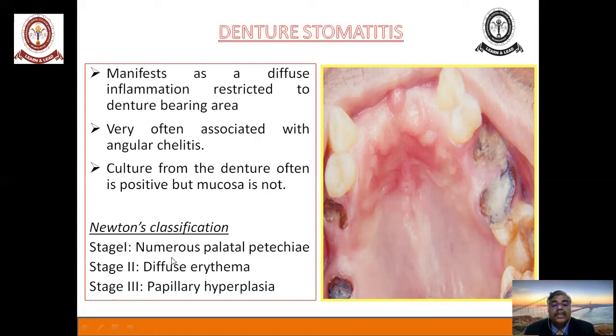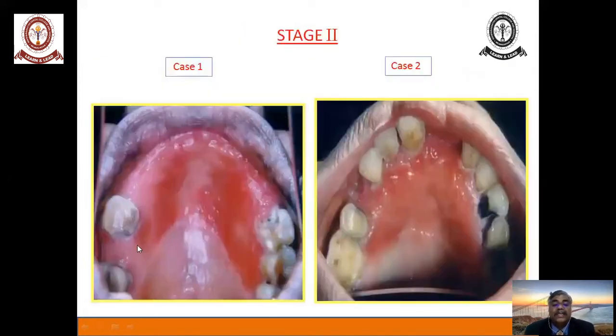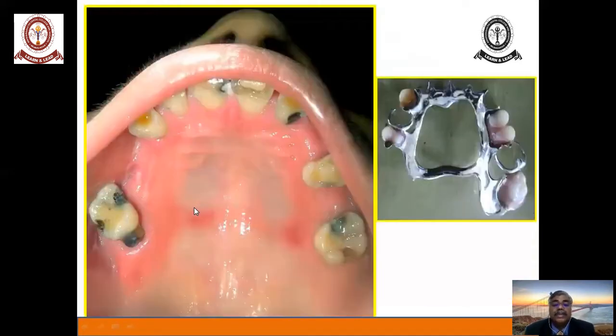If there are numerous palatal petechiae under the denture bearing area, it is stage 1. If there is a diffuse area of erythema, either covering the entire area or the majority of the denture bearing area, it is stage 2 type of denture stomatitis.